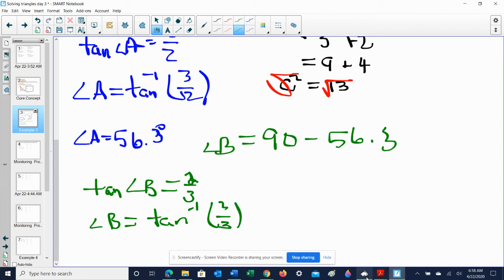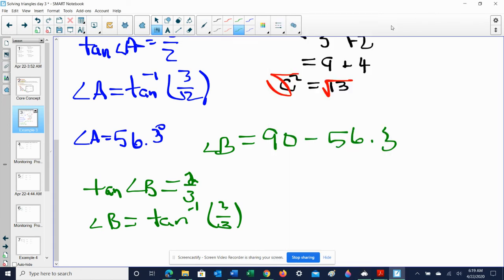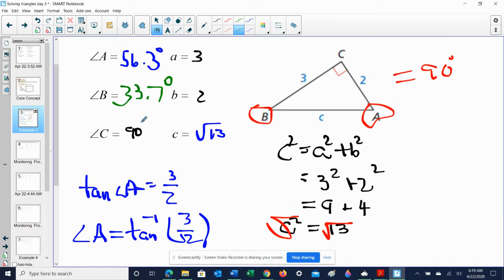And we'll go to our trusty calculator. Second tangent 2 divided by 3, close parentheses, and look what we get, 33.7 degrees.